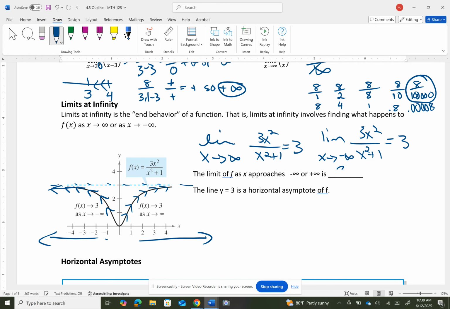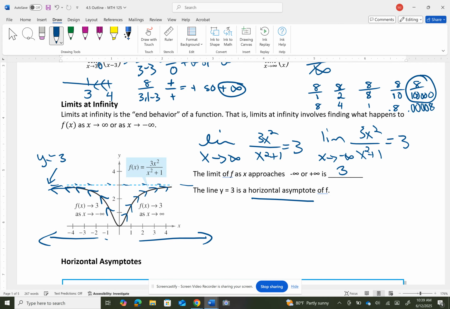So we would say the limit was 3. And this line right here is a horizontal line with the equation y equals 3. It's called a horizontal asymptote. We've already dealt with vertical asymptotes earlier. This is the issue of horizontal asymptotes in this section.